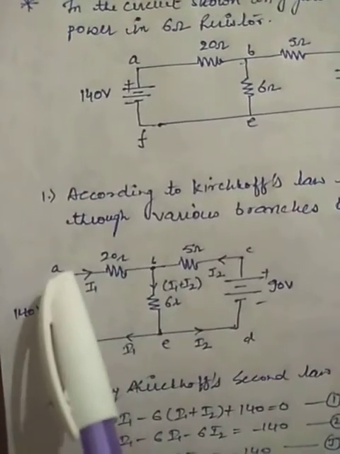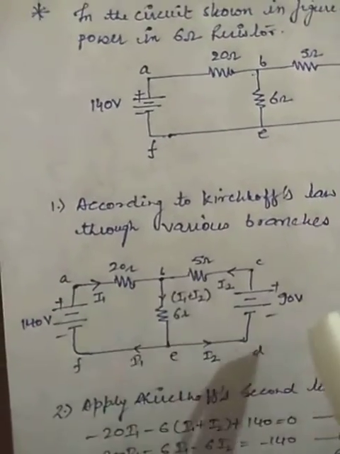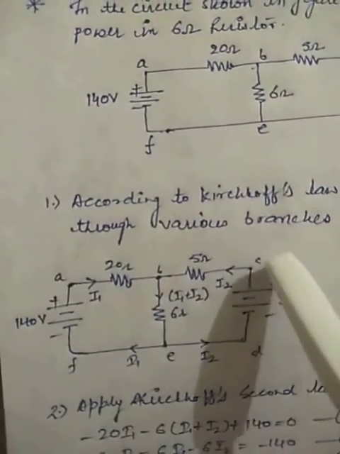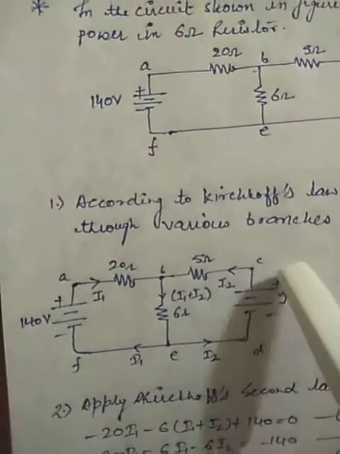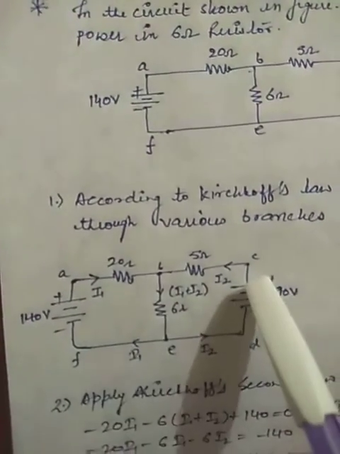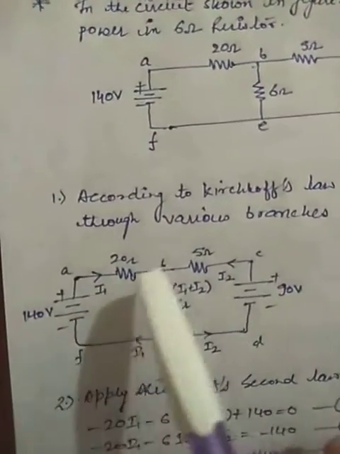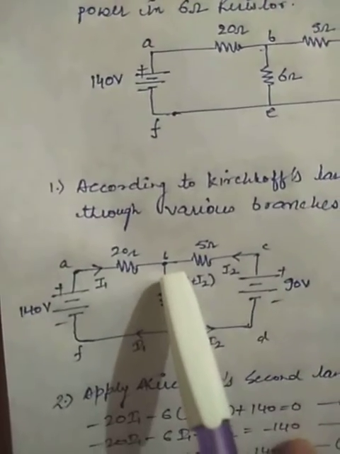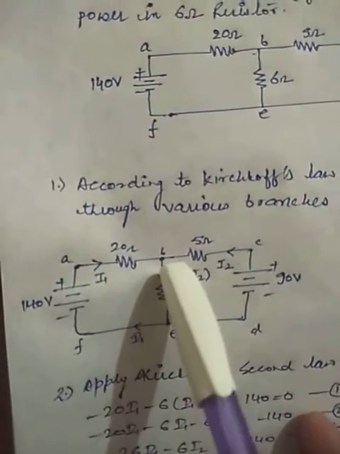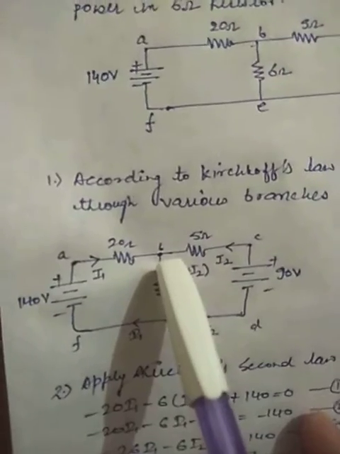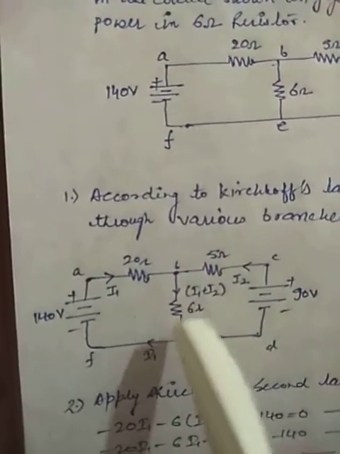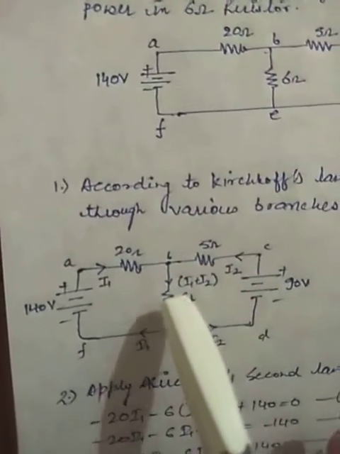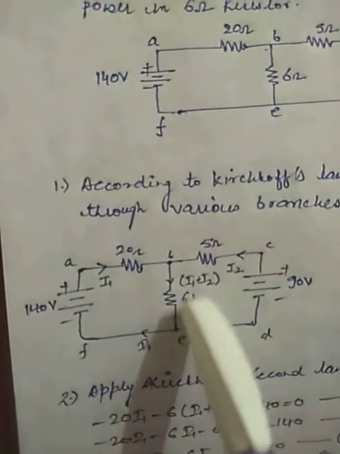So I1 is flowing from A to B, and from this voltage source current is flowing from C to B. I2 is flowing from here and I1 is flowing from here. So I1 and I2 both are added at this junction point. So at this branch current will add up. So I1 plus I2 is the current flowing through this 6 ohm resistance.